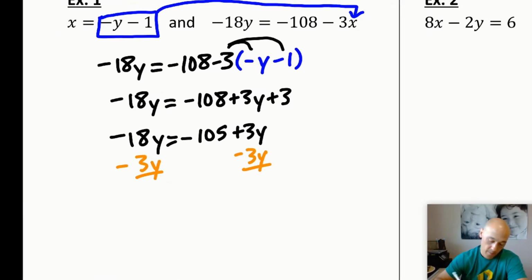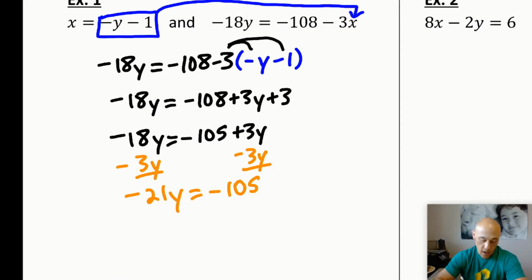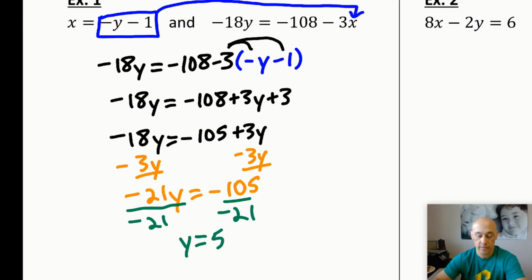And when I do that, I will have negative 21y equals negative 105. And now I have negative 21 times y, so I need to isolate my y by dividing by negative 21. And when I do that, I get y is equal to 5.